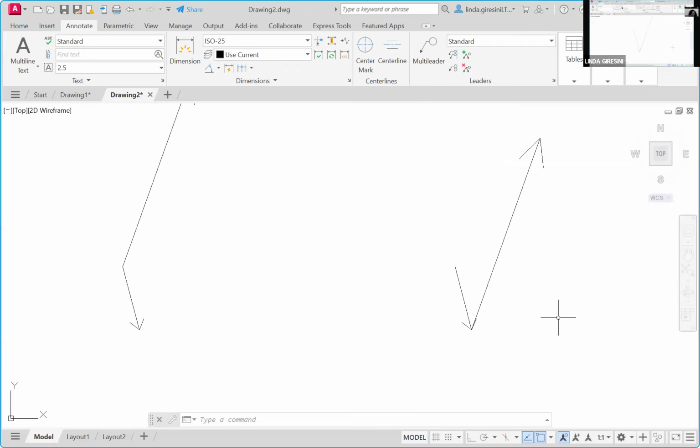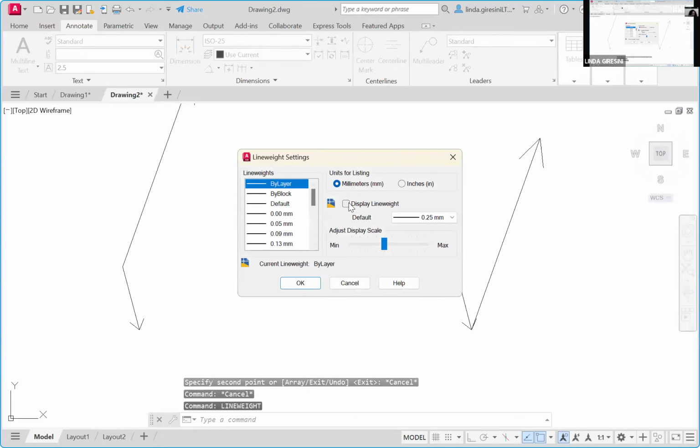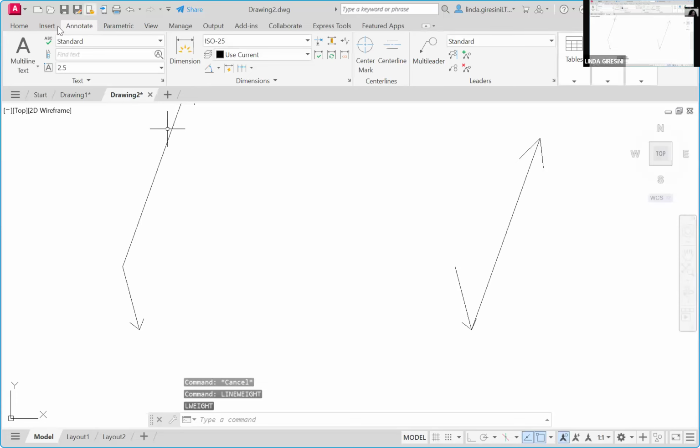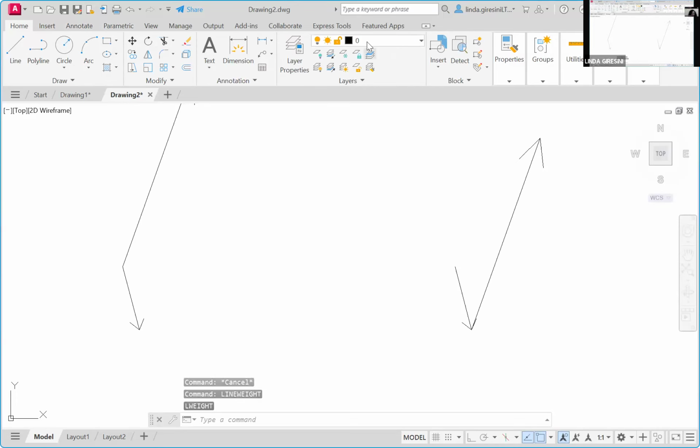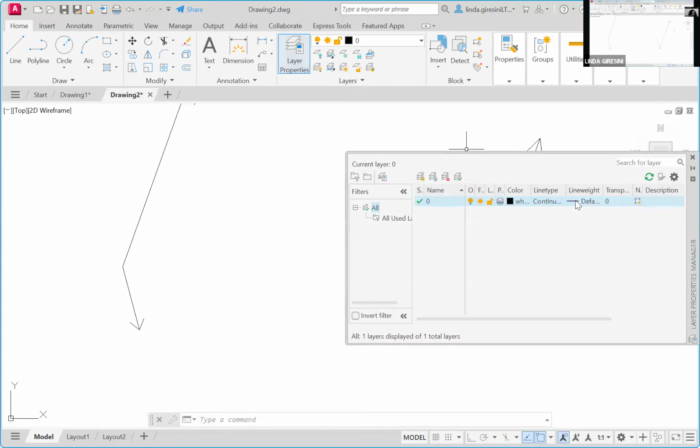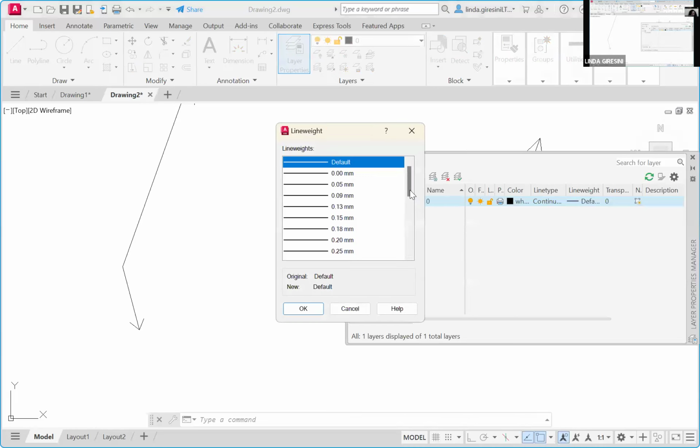So now to close the polygon, let me see if I can use a line weight. Maybe I can go here. Make it bigger.